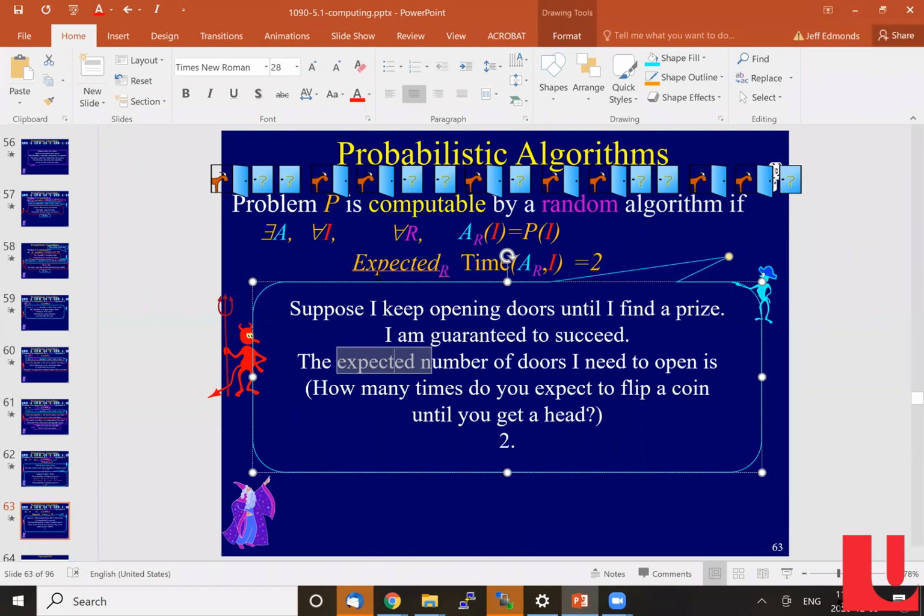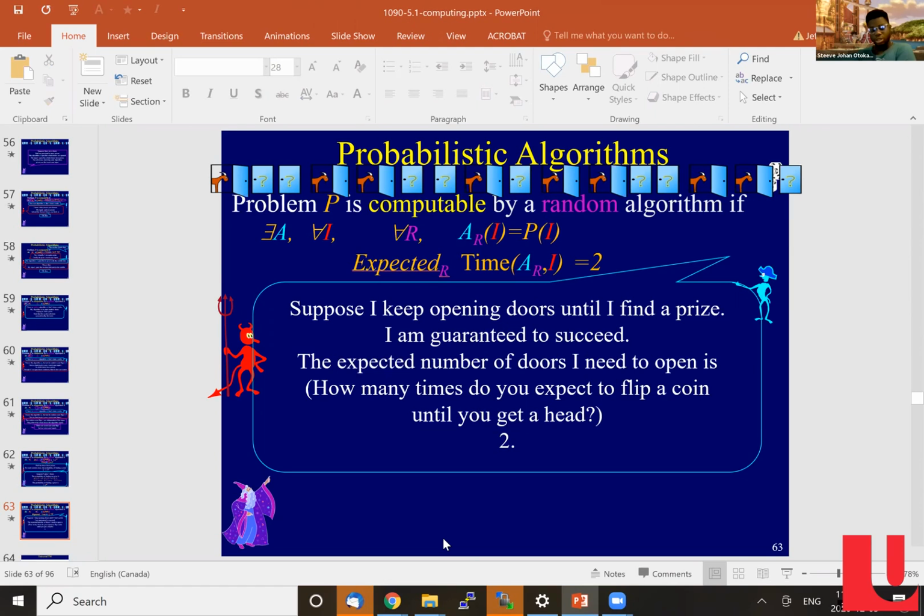For every input, 2 things are true. One thing that's true is you're guaranteed to find a prize. The second thing that's true is that the expected running time is 2. Okay, that makes sense.